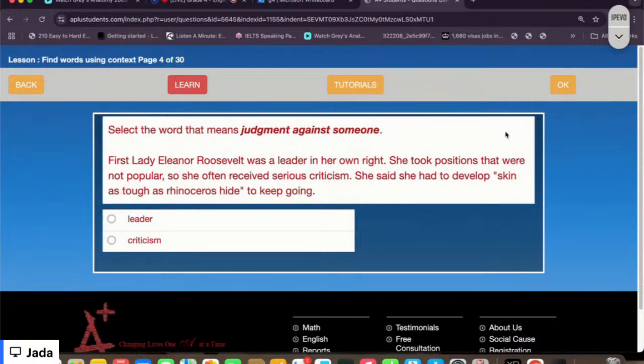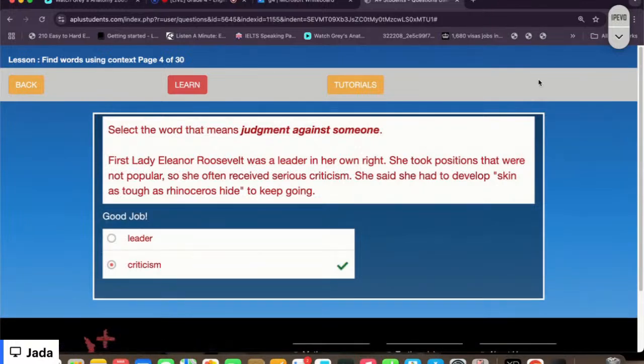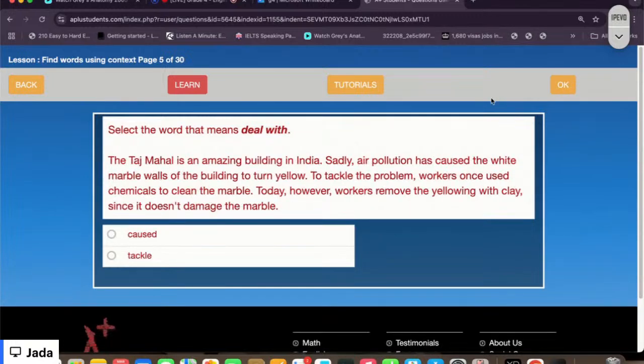So criticism. So we have deal with the Taj Mahal is an amazing building in India.